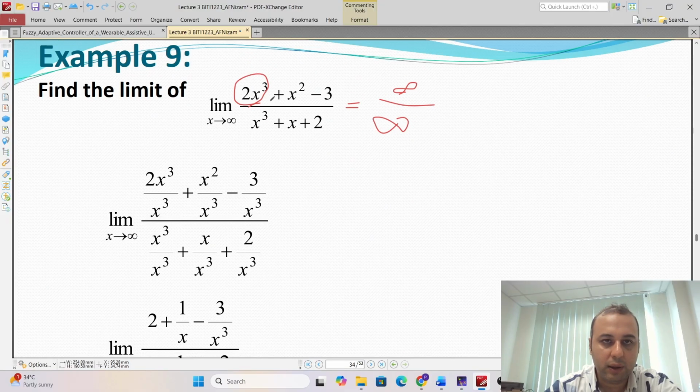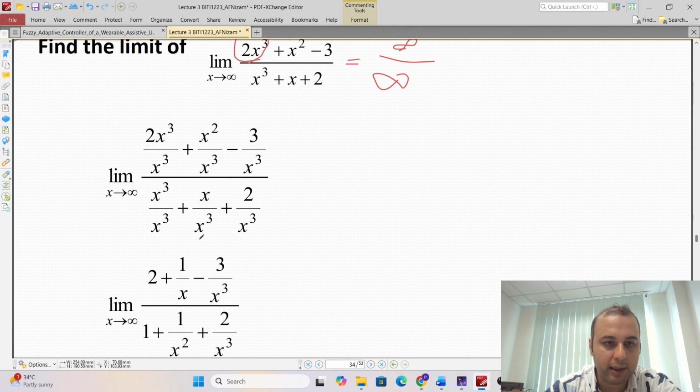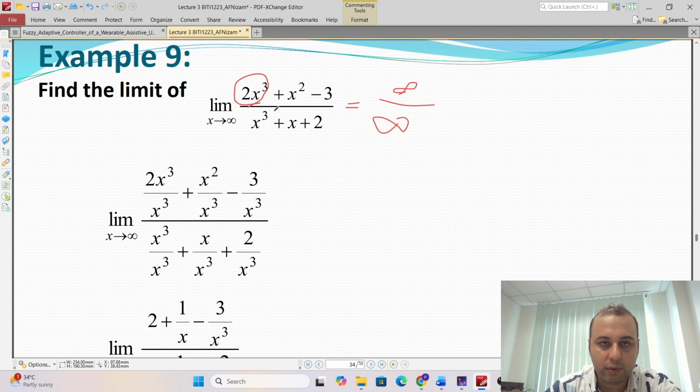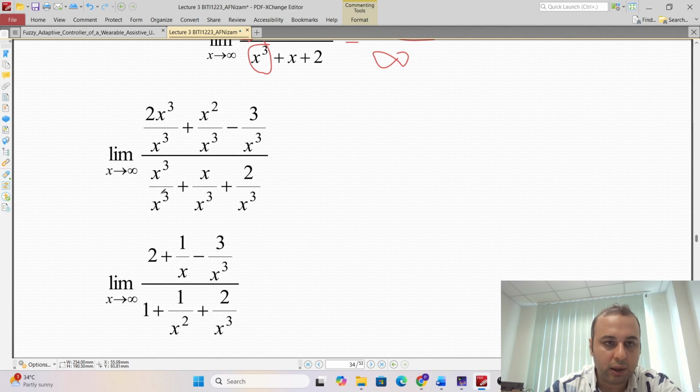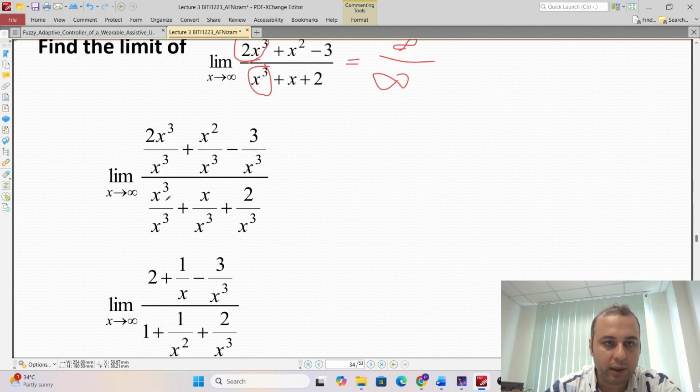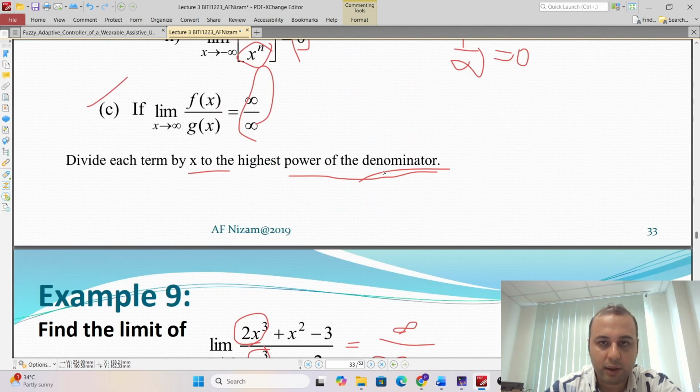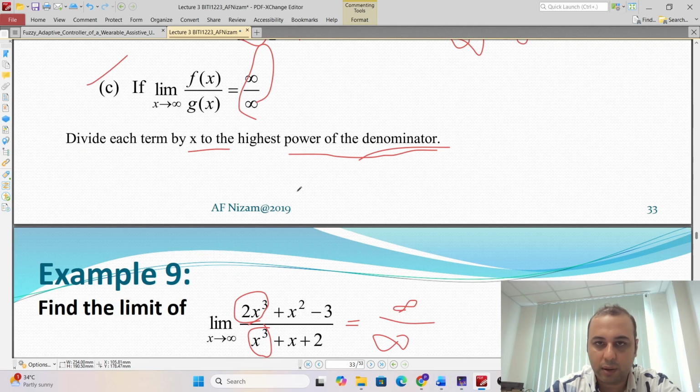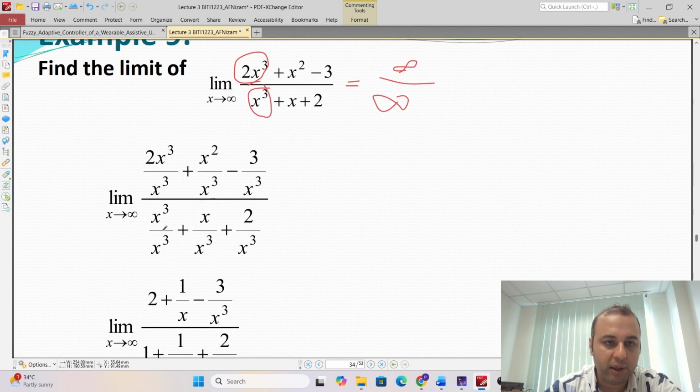Okay, so here the highest power is x^3. The downside also has the highest power x^3, but it's the denominator. So it means divide by this only.